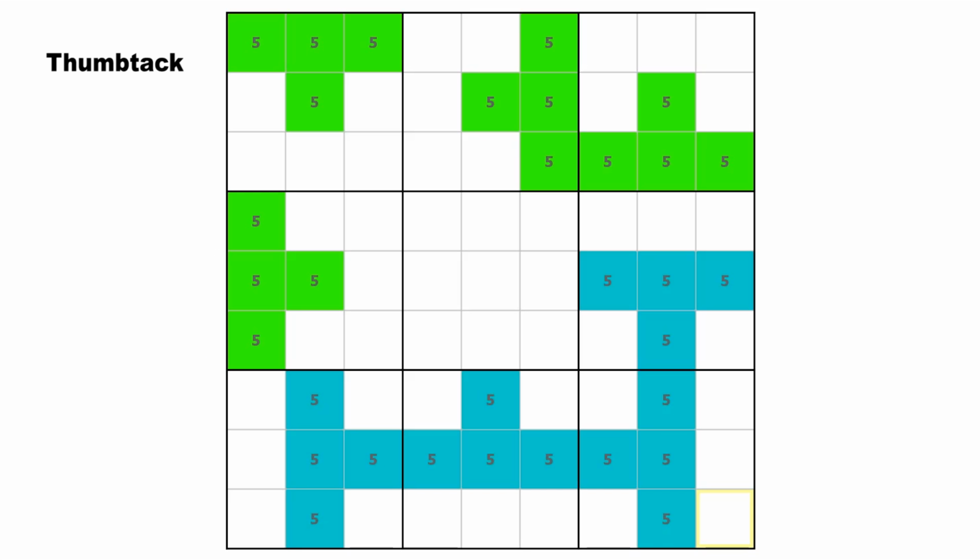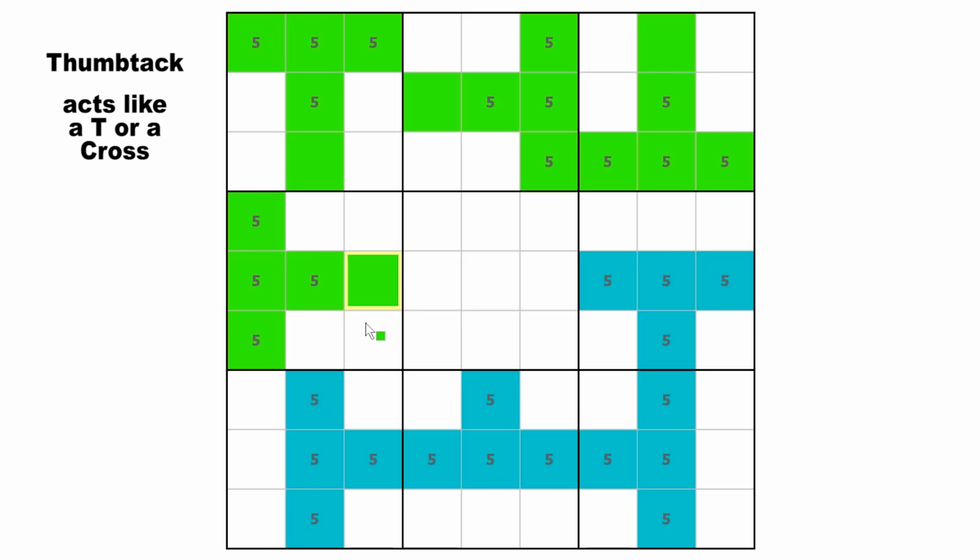But notice that when the 3 cells are on the edge of a block, the thumbtack acts exactly like a T, like this one up here in block 1. That's the same as a T, and you can do that with all of them. Okay? And then when the 3 cells are in the center of the block, it acts exactly like a cross.